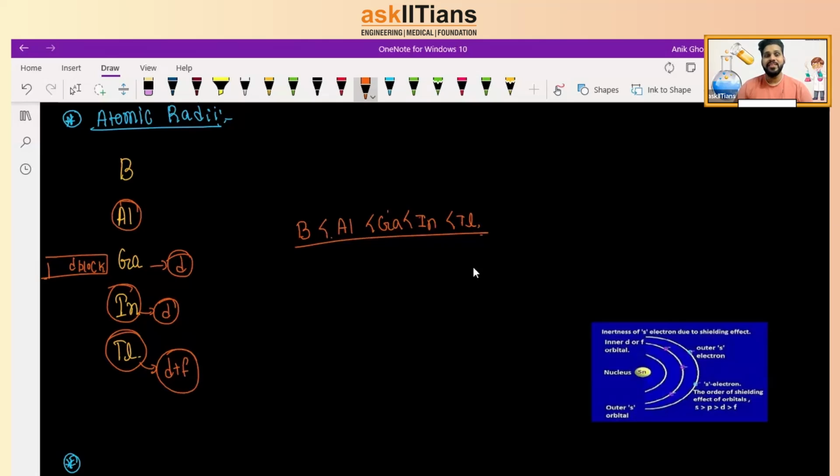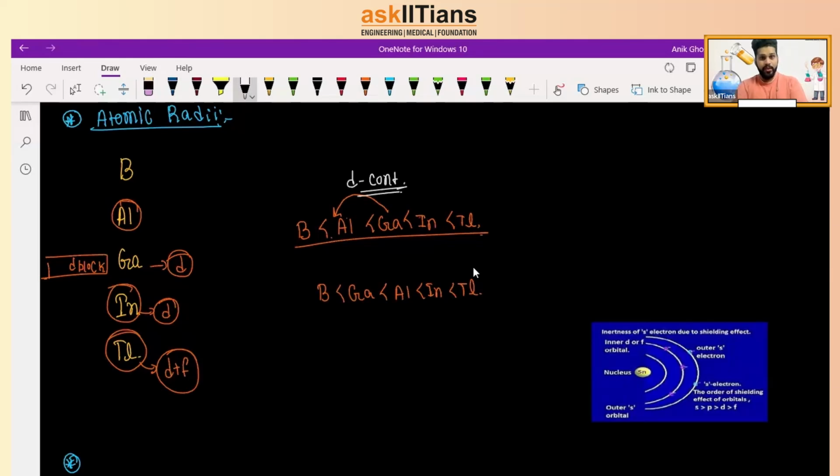But guys, in reality gallium comes before aluminium. So the order is boron, gallium, aluminium, indium, thallium. Gallium's size suddenly gets smaller than aluminium because of the d contraction, guys.